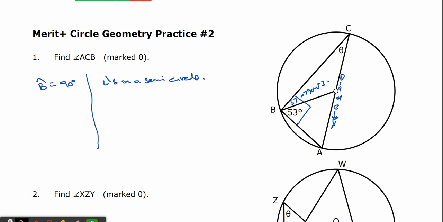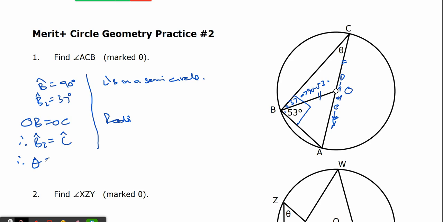So this angle B, let's call it B1 and B2. Angle B2 is equal to 37 degrees. And then again, we have radii, which are equal. OB and OC are equal because of radii. So therefore, angle B2 is equal to angle C. And therefore, theta is equal to 37 degrees because of base angles in an isosceles triangle.